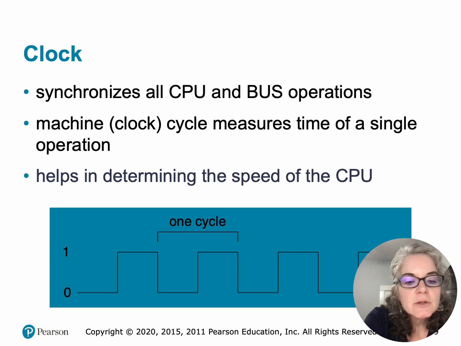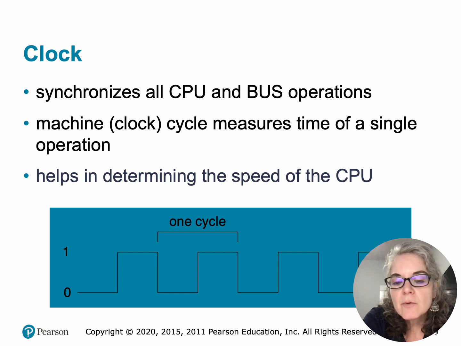Okay, so in this slide we're looking at the clock, and like we said before, it's a clock that is helping synchronize everything in our system. It helps to determine the speed of the CPU, as it is considered the basic unit of measuring how fast an instruction can be executed by the computer processor.